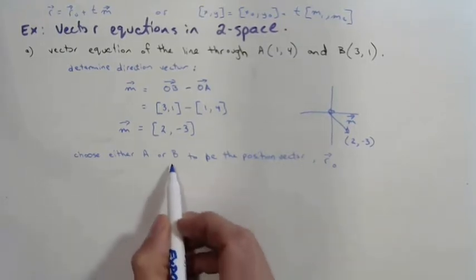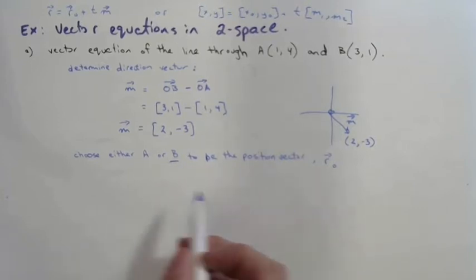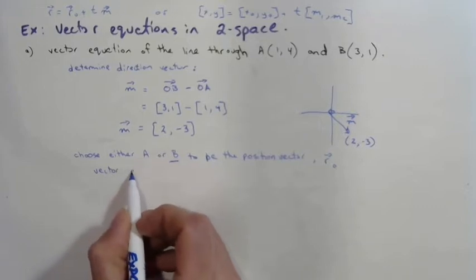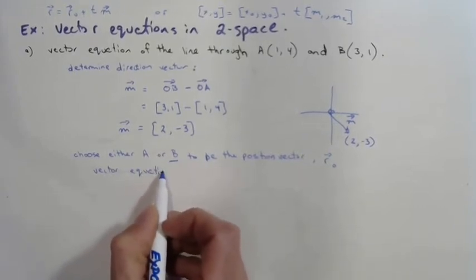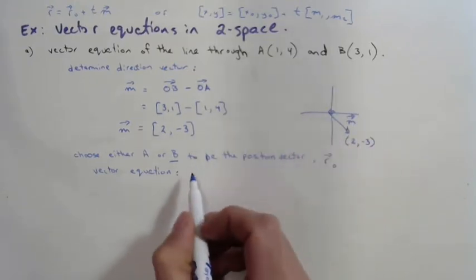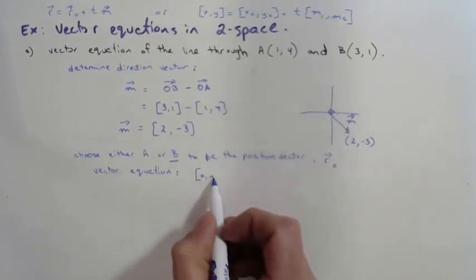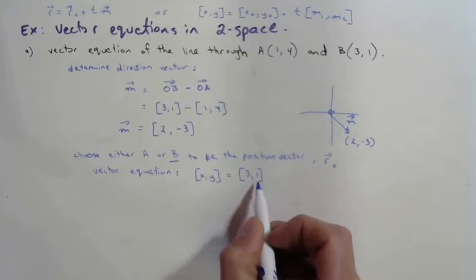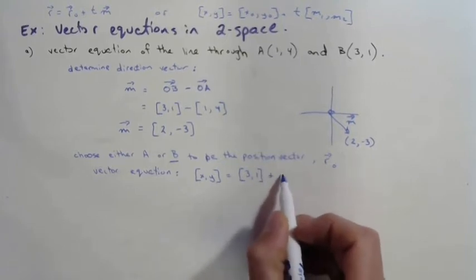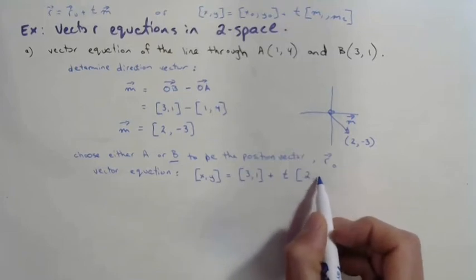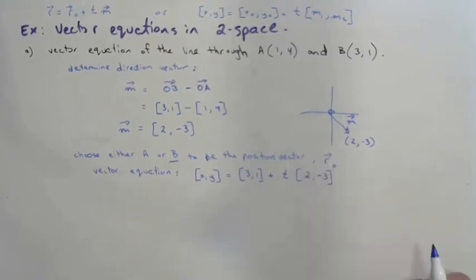So I'm going to go ahead and choose point B, which is going to give me the vector equation for the line in question through A and B: xy equals our position vector B, 3, 1, plus any scalar multiple of my direction vector m, which is 2, negative 3.